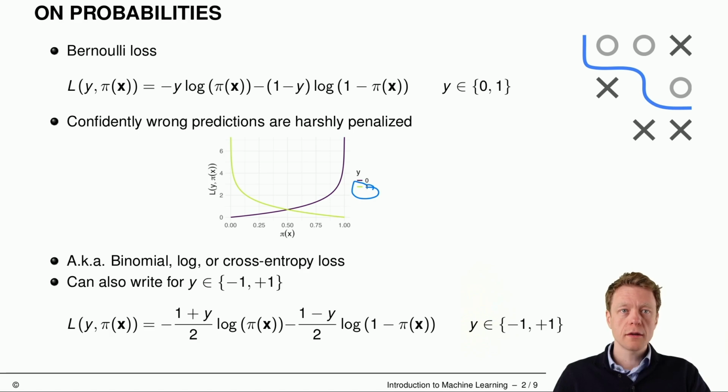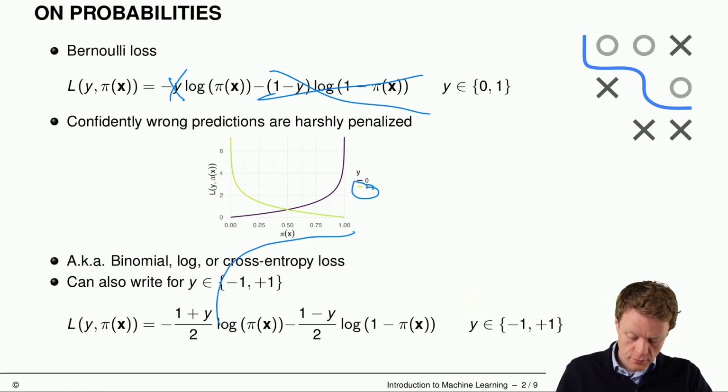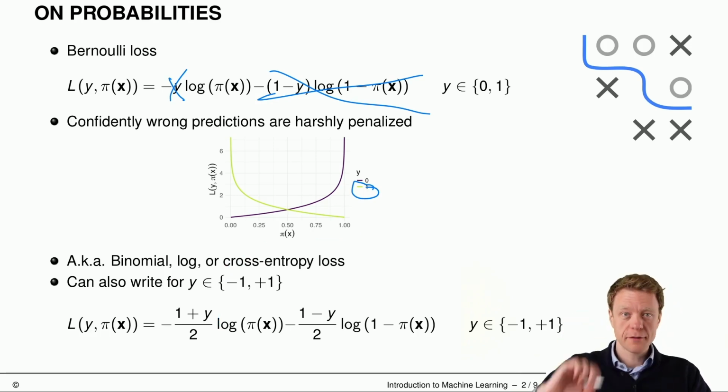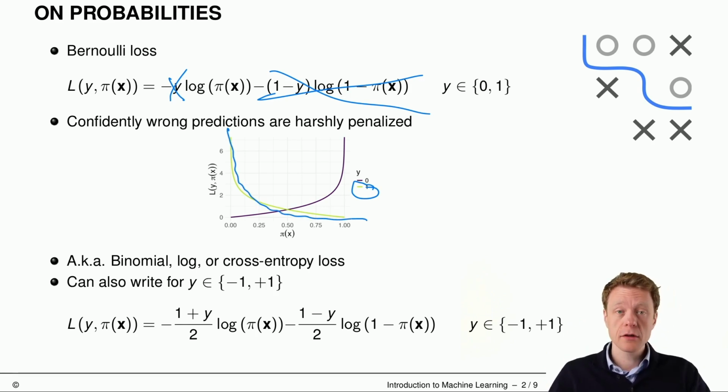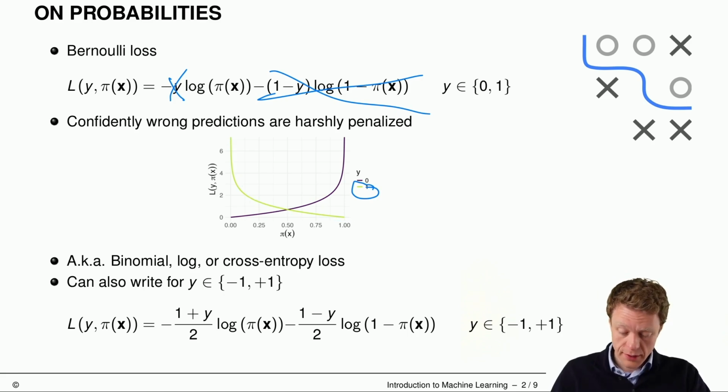So if y equals 1, then here we have minus log pi, and this thing goes away completely, so it's just minus log of pi. So log of pi would be something like this. With a minus, this gets flipped on the other side of the x-axis. So we just have this line here. And similarly, for the other case, we have that other line here.